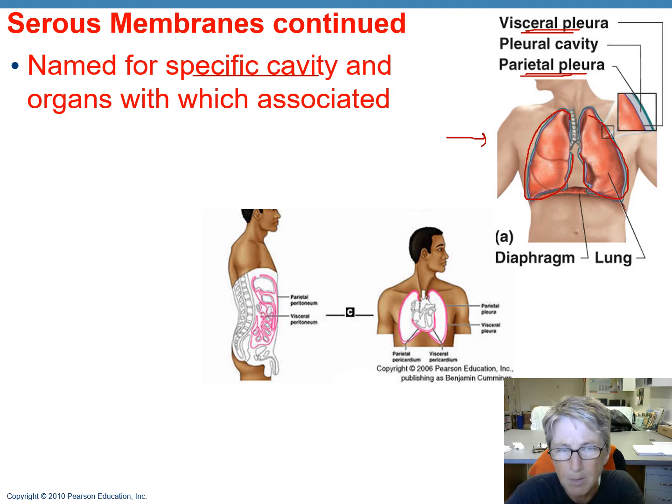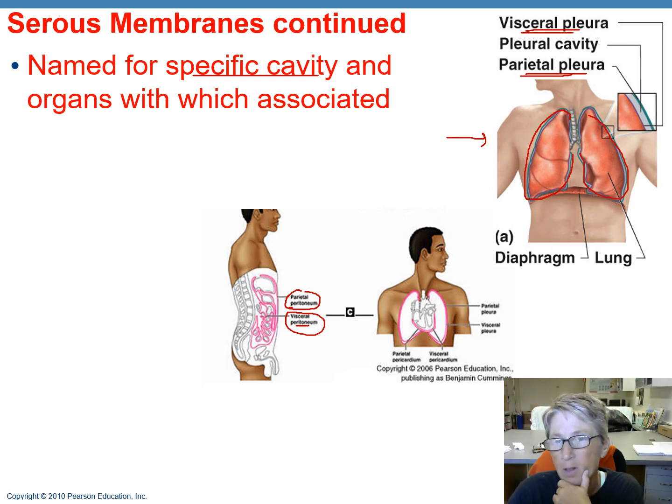And then down here, there's another serous membrane in this cartoon in pink. This is the serous membrane that lines your digestive viscera, and they've got a piece of that serous membrane that covers the viscera, so that covers your intestines, for example. That's the visceral peritoneum. And then the serous membrane that lines the cavity that your viscera are in is called the parietal peritoneum.